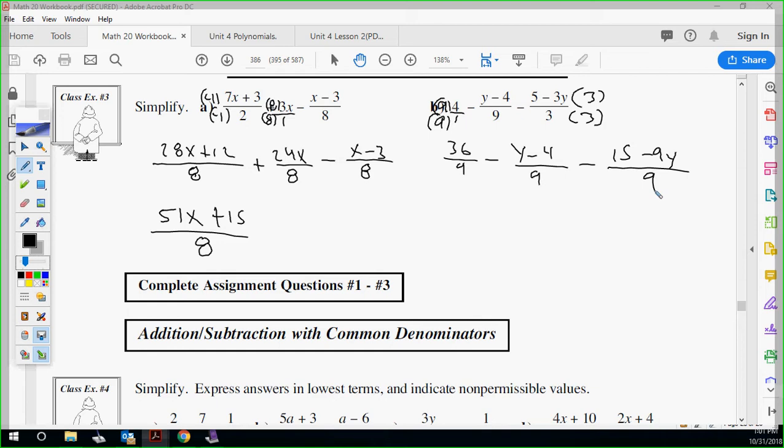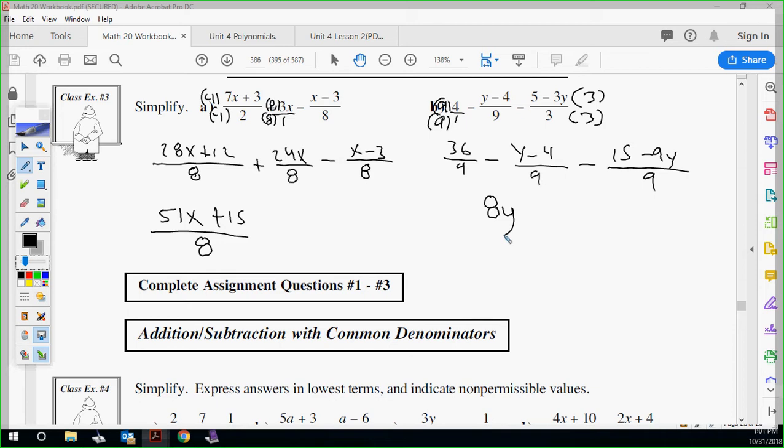So I have a negative y and a positive 9y. See that? Minus a y minus a negative 9, so it's plus 9. So that means I have 8y for my y's. Okay, I'll say that again. I have a minus y and a minus a negative 9y. You can. I just like to do my variables first.